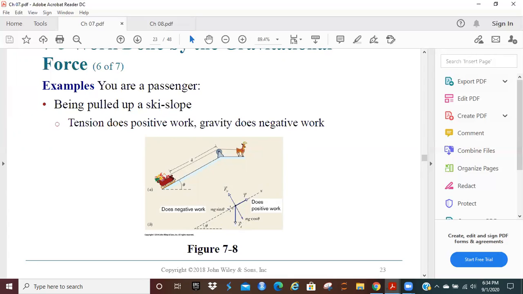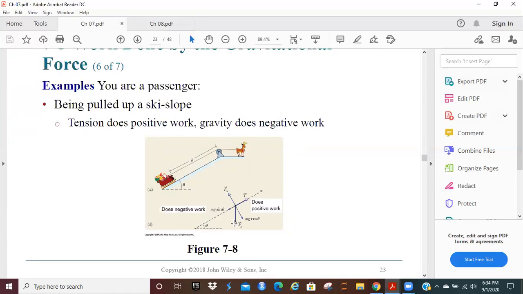So the displacement going up this way is defined this way. And what that helps you to see is that the tension in the rope being pulled this way is why it is being defined as positive work, because that tension is pulling you in the direction of the displacement.